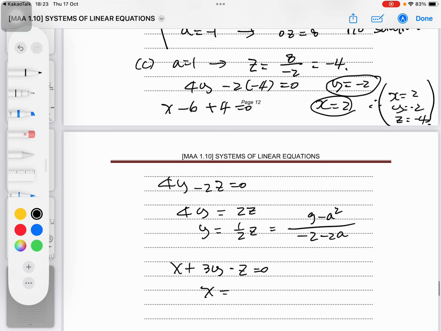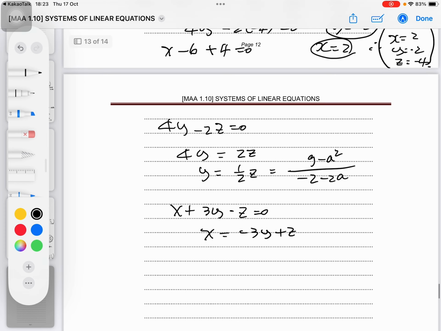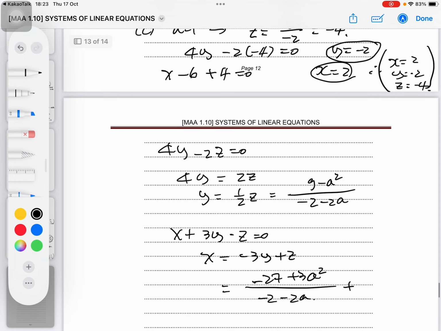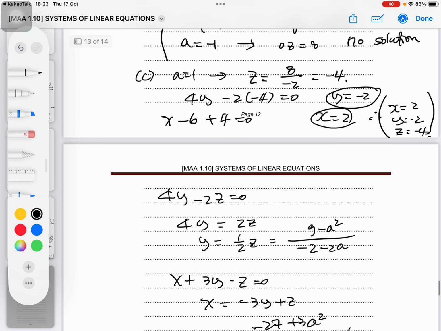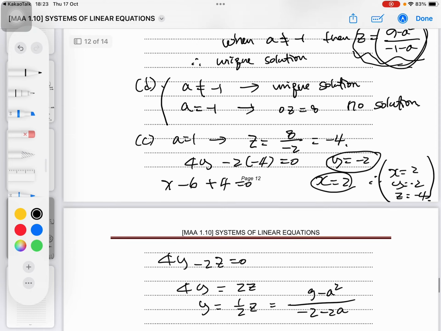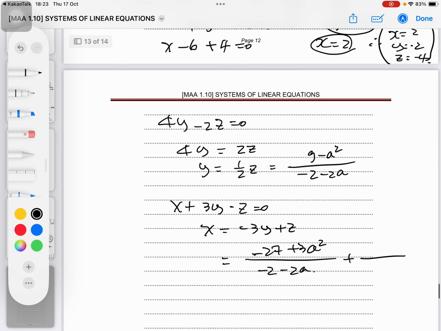So x should be -3y plus z. So -2 minus 2a, -27 plus 3a squared plus z. That is half of a, 9 minus a squared.